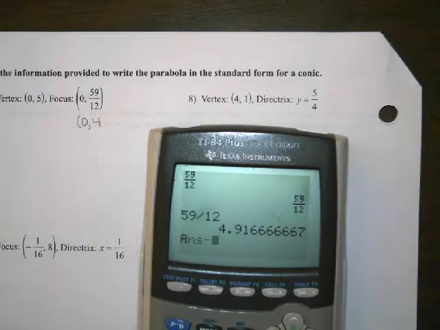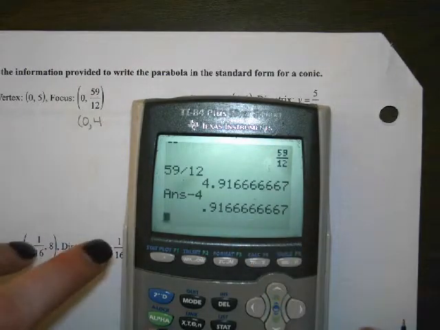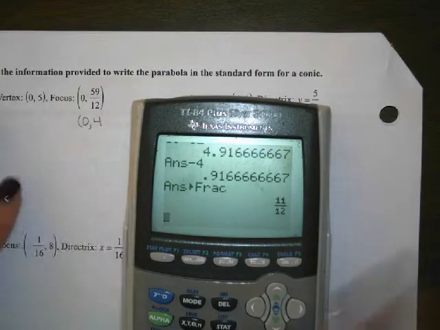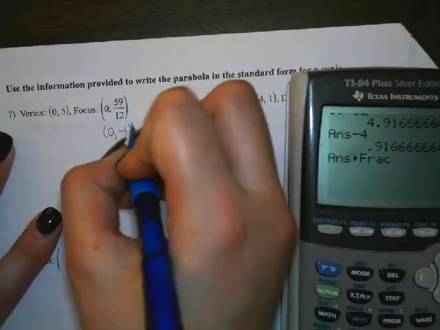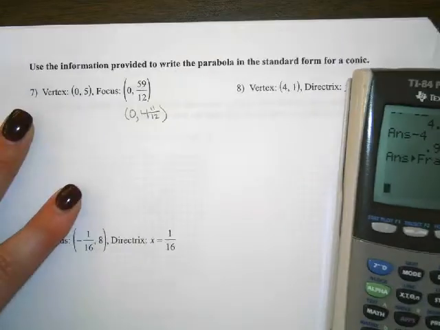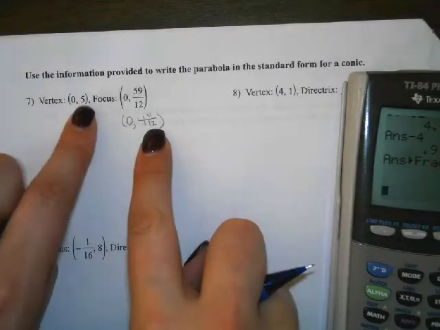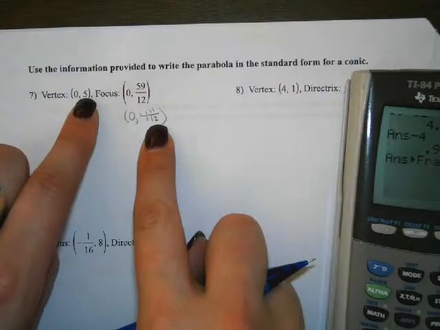So what I'm going to do is subtract the 4 off, just so I have that decimal. I'm going to turn that back into a fraction. 4 and 11/12. Anyone know why I rewrote it like that? Yeah, now I know how much I went from 5 a little bit more easily.